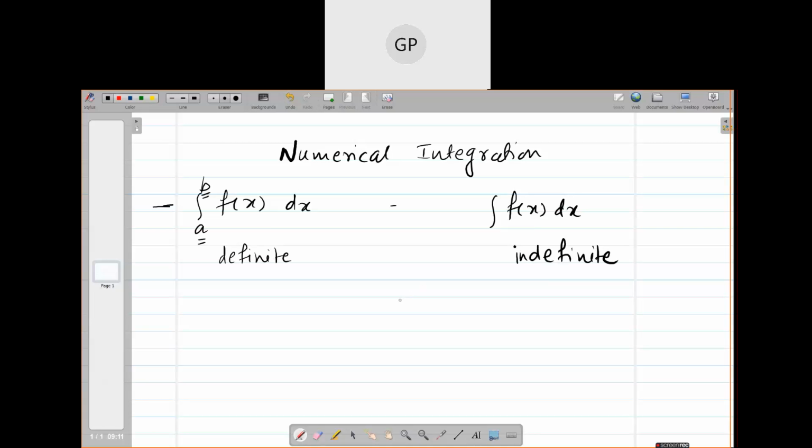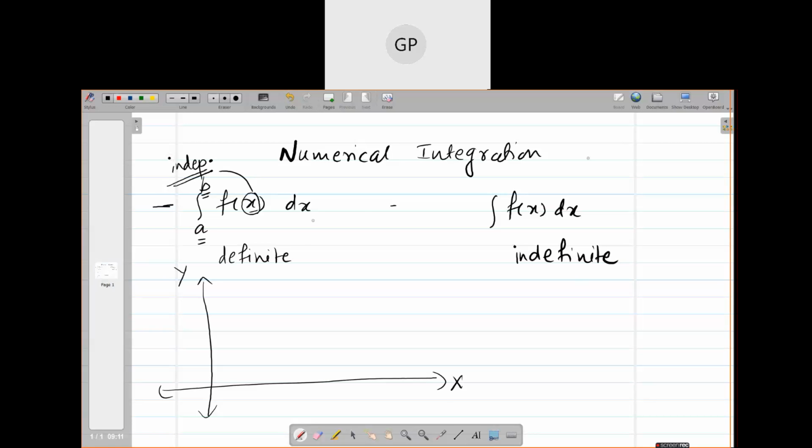X from a to b. So basically, the a and b values lie on which axis? The a and b values are for which variable? The function is expressed in terms of x. x is usually an independent variable and y is the dependent variable, right?